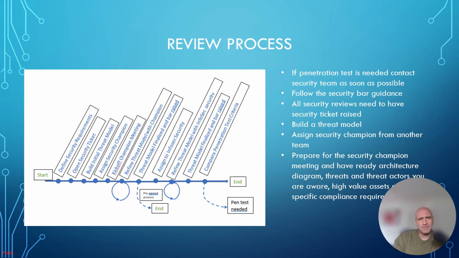So having them enough notice and see where the risks lie, we can escalate that to information security team and create a penetration test criteria and essentially assign a penetration test if it will be needed in our review process.